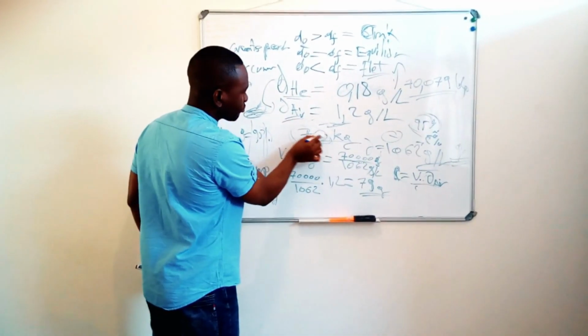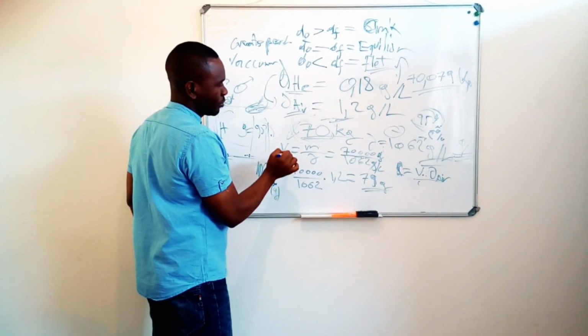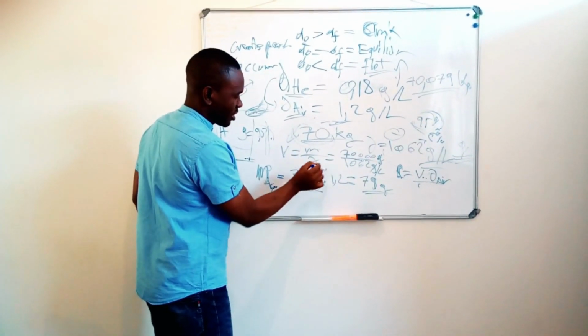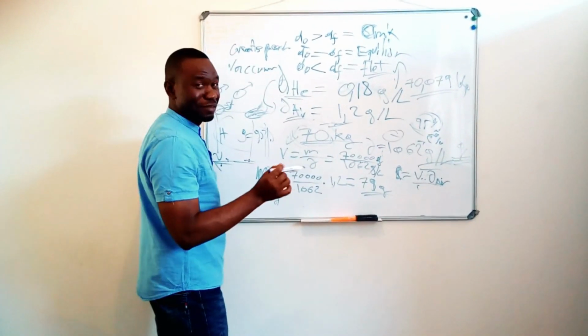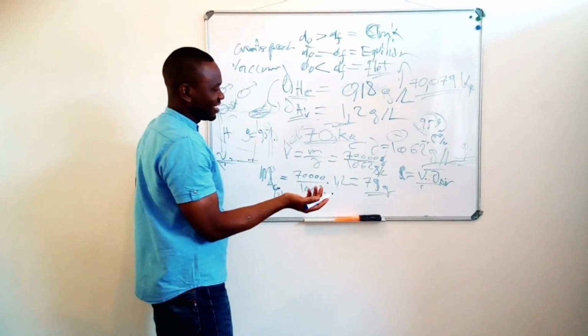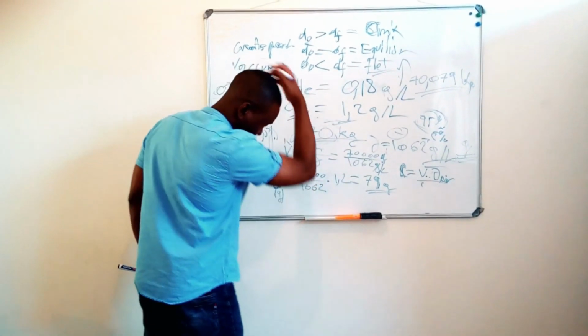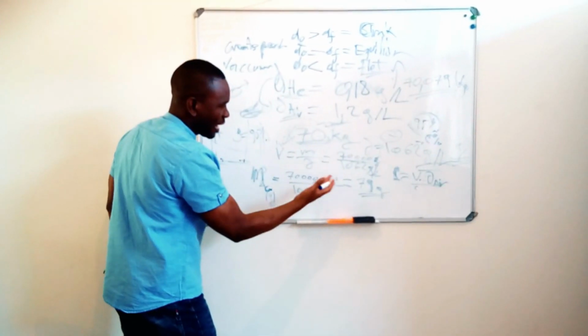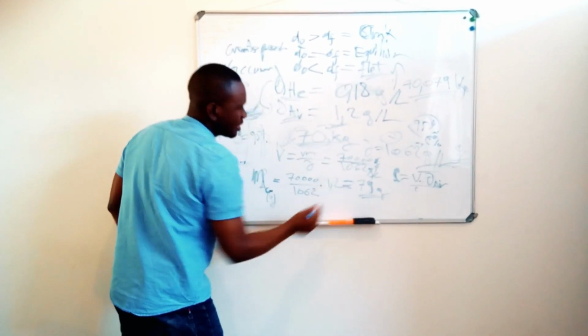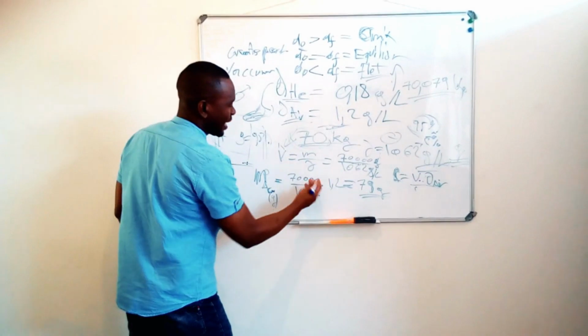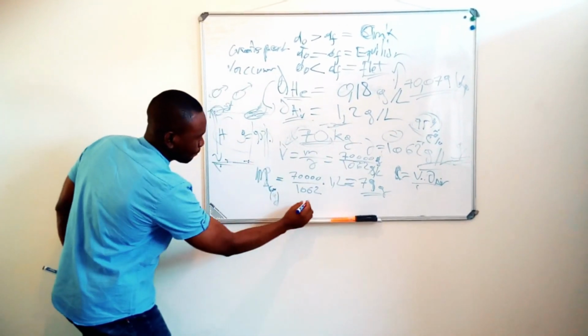So if you have a lower mass, the force of Archimedes is relatively higher. I don't know if you get my point. Because at the end, in terms of percentage, it will be high. It's not going to be low. Sorry, here it's going to be lower.